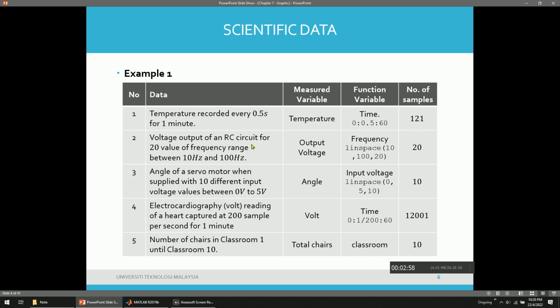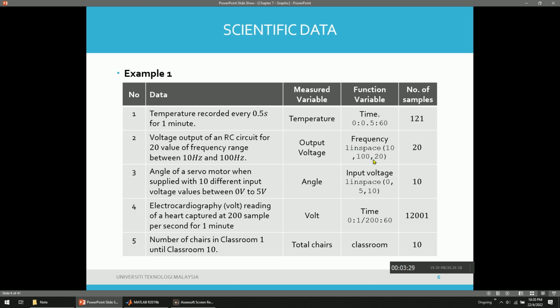Voltage: if you measure the voltage output of an RC circuit for 20 values, with frequency ranging from 10 to 100, you can see here the x-axis is the frequency from 10 to 100 with a step of 20, linearly spaced.